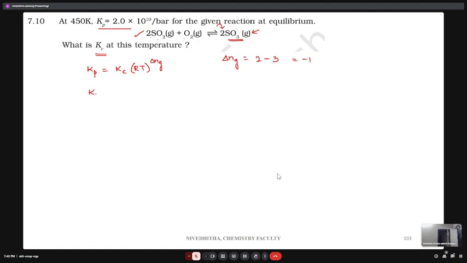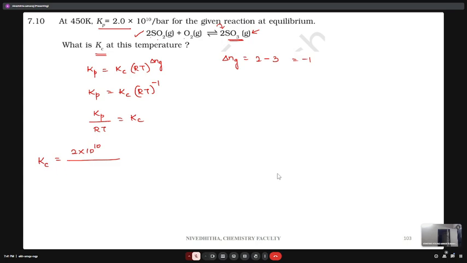So Kp is equal to Kc into RT power minus 1, right Kana? So Kp divided by RT is equal to Kc, am I right? So Kc is to be calculated, and the value of Kp is 2 into 10 power 10 divided by what R value we have to substitute here?